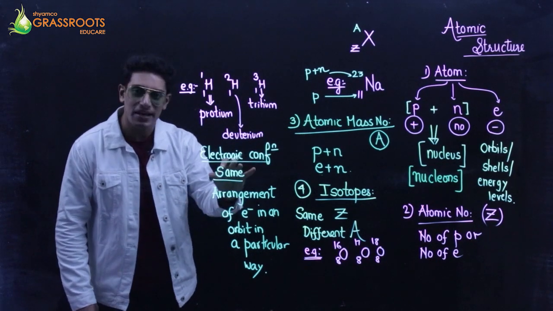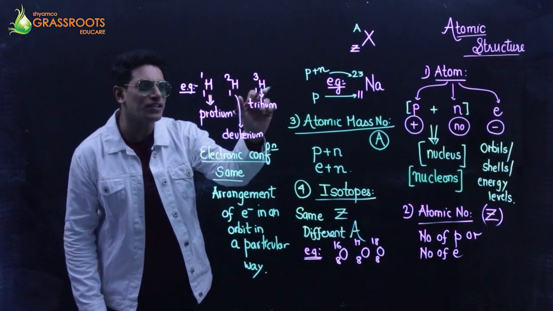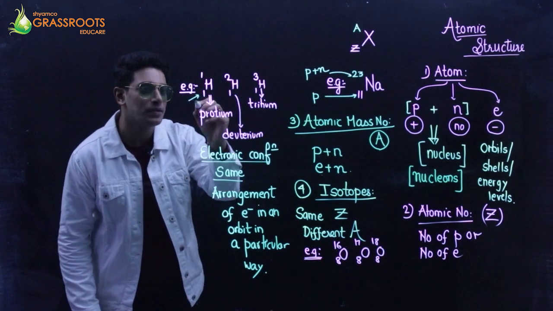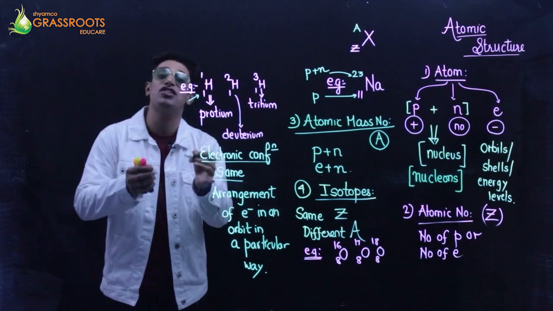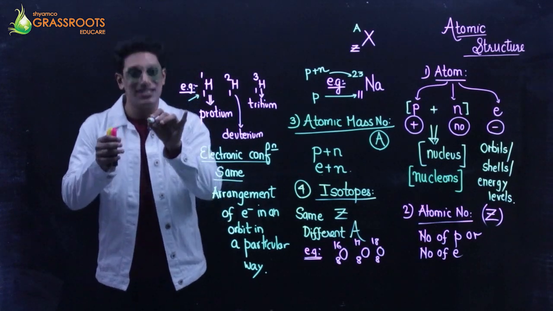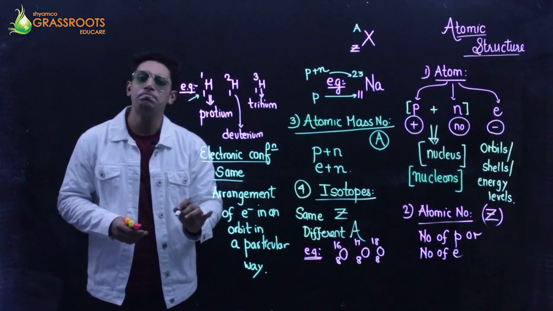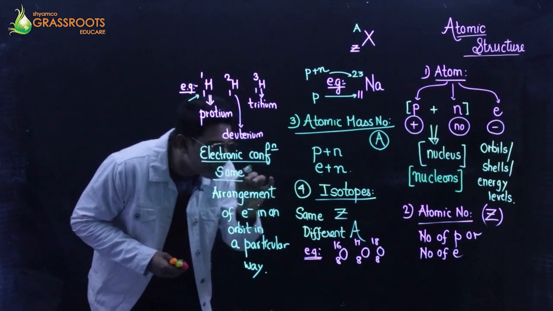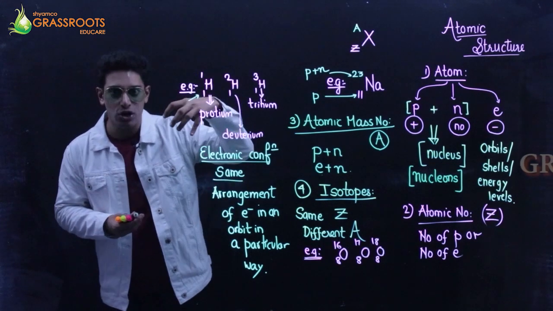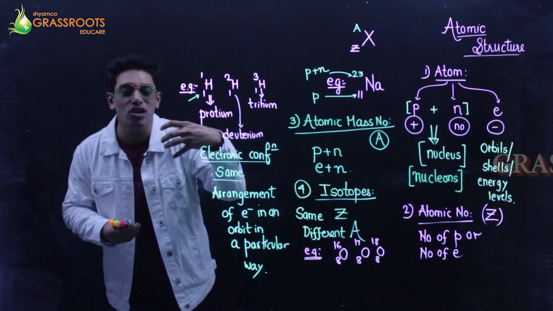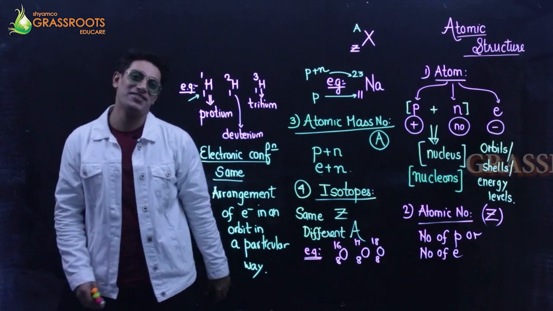Okay, so in all the examples which I have taken of hydrogen, can I say it has one electron? That means the electronic configuration, the number of electrons, remains the same. And remember, it is the electronic configuration which has control over the chemical properties.